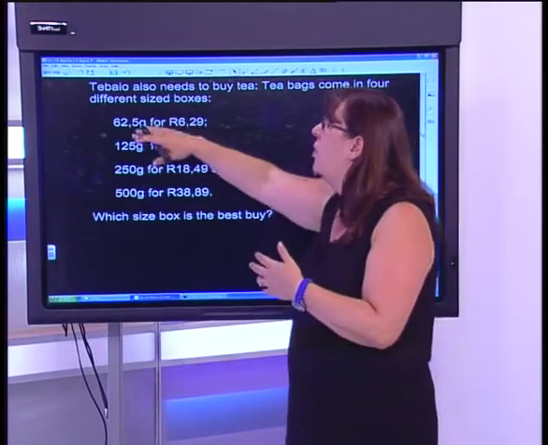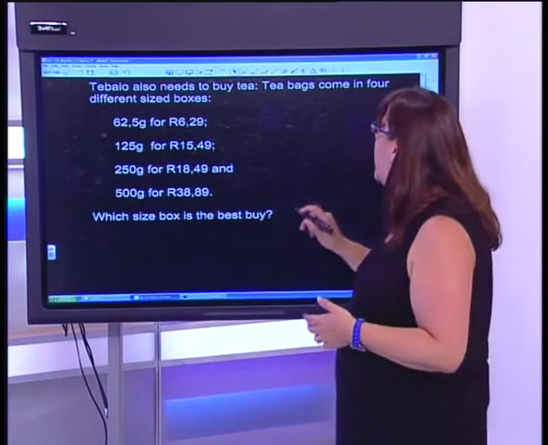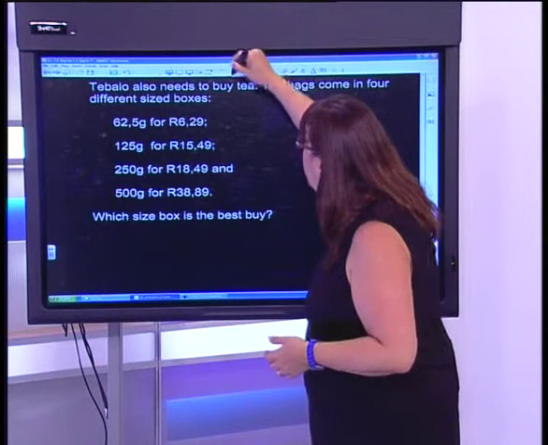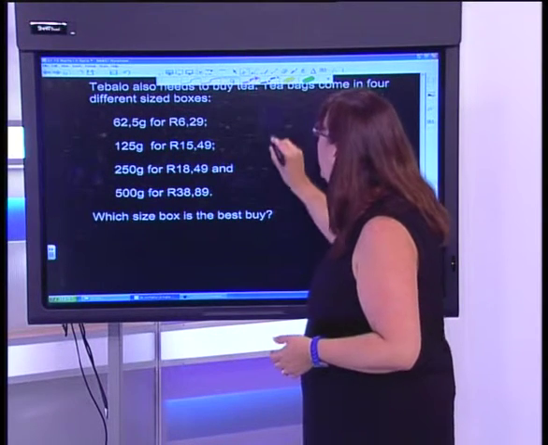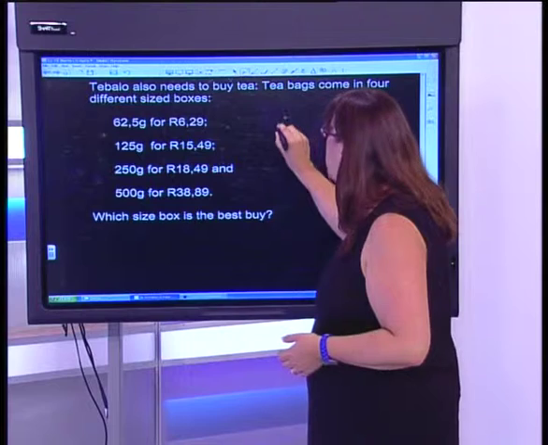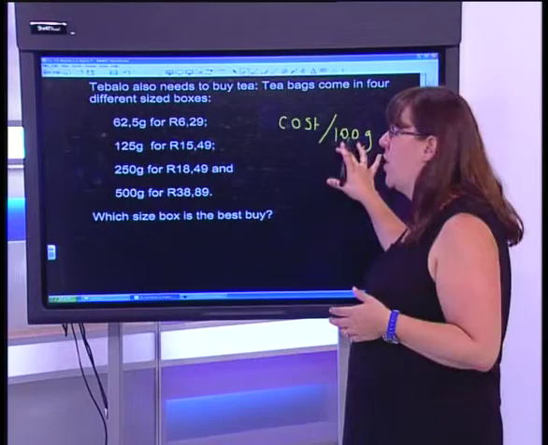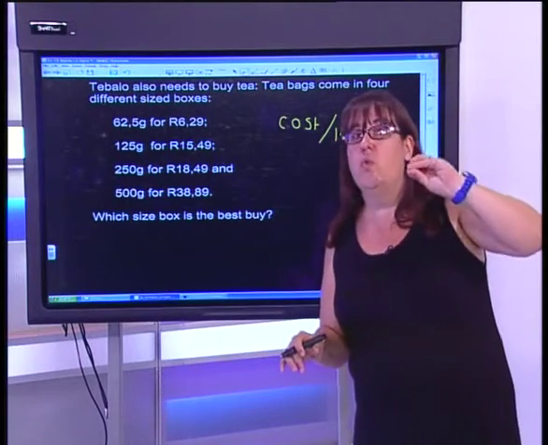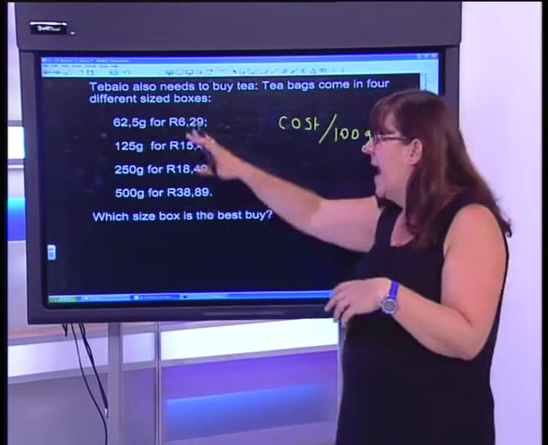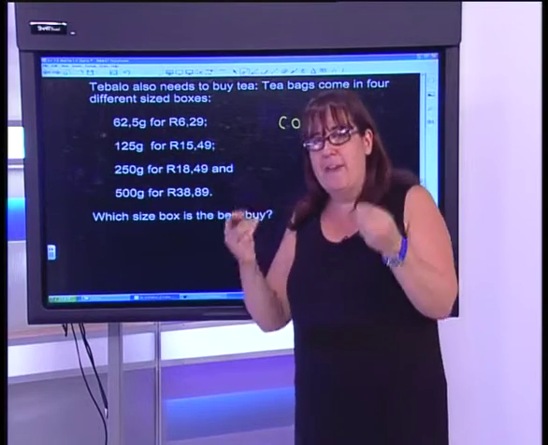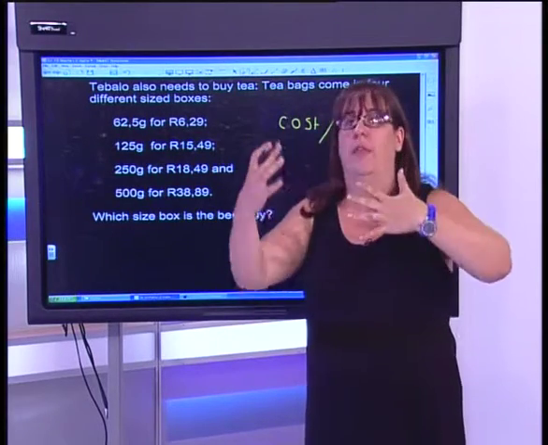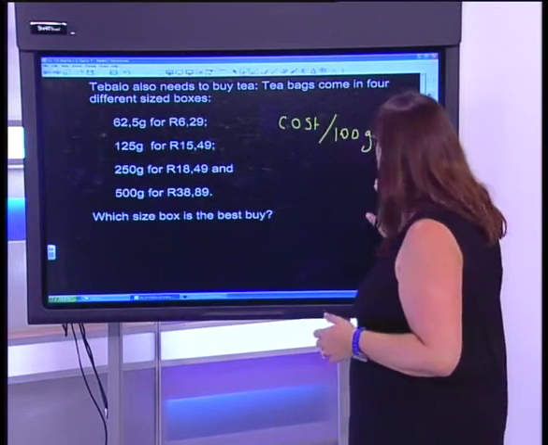So we can calculate each one and find out the cost, let's put it as cost per 100 grams. So we could do a calculation for each one of these and work out how much it would cost per 100 grams. I'm going to show you one, and then I'm going to show you how, by reading our numbers carefully, we didn't have to do all that work. But let's just go through one.